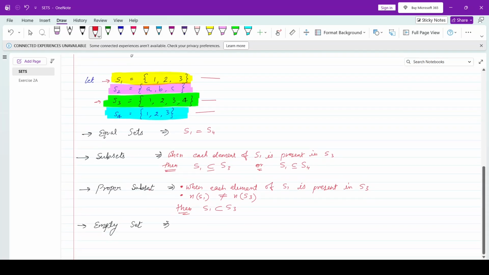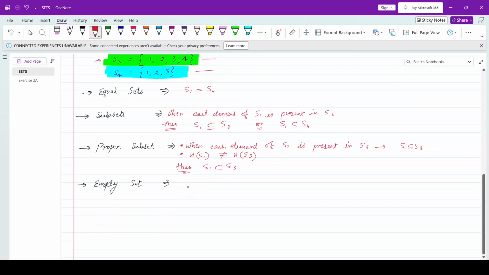So for proper subsets, we need to match two conditions. When each element in the first set is present in the second set, that tells whether S1 is a subset or not. And if we meet the condition of number of elements not equal, then S1 is a proper subset of S3.